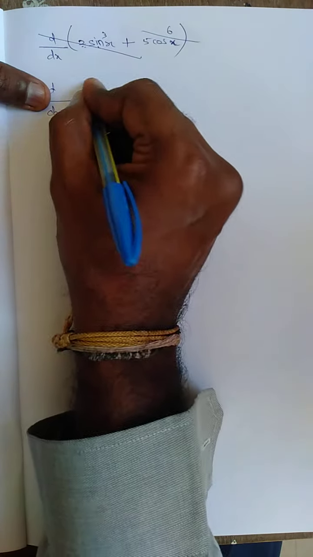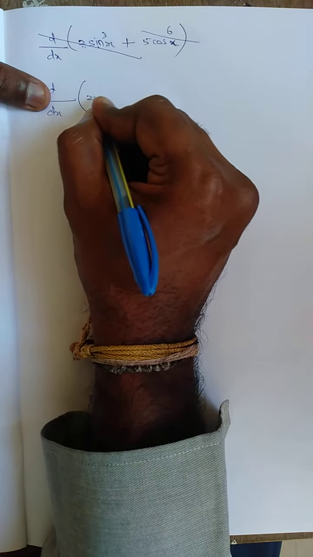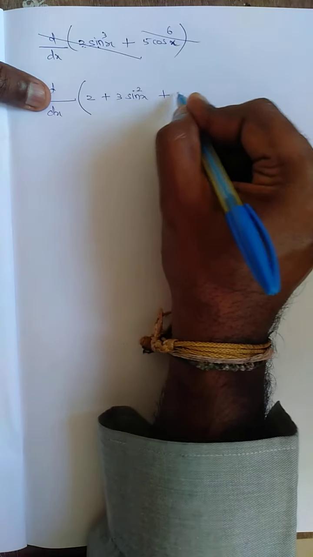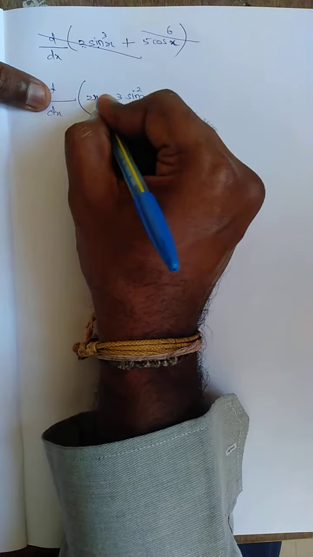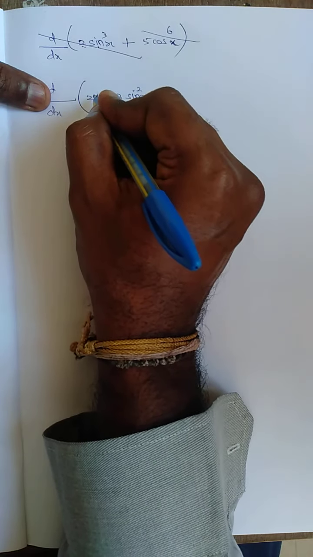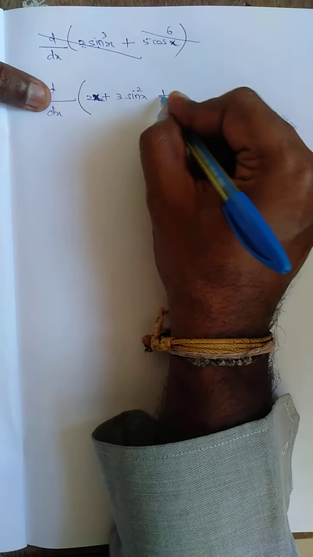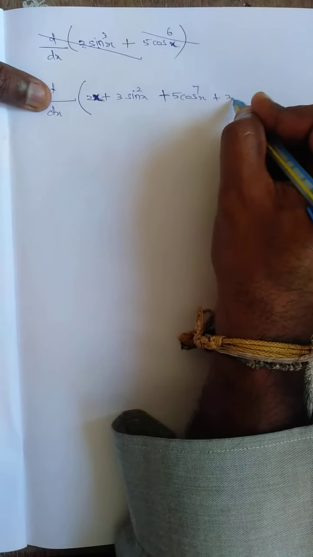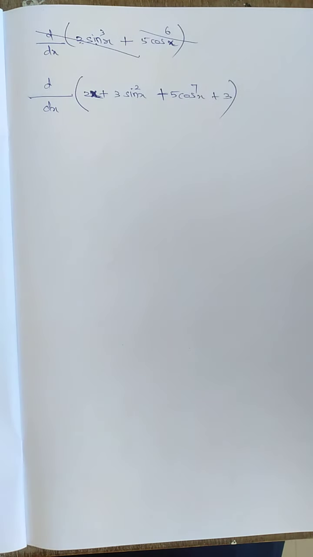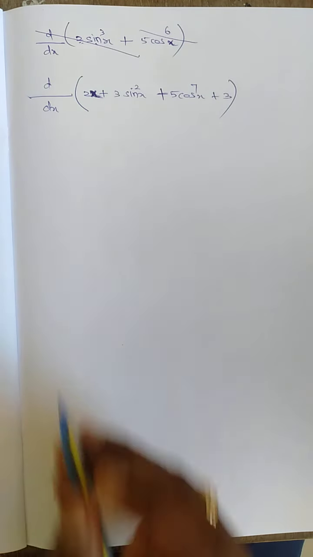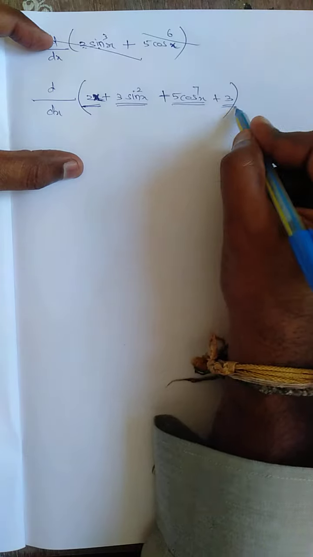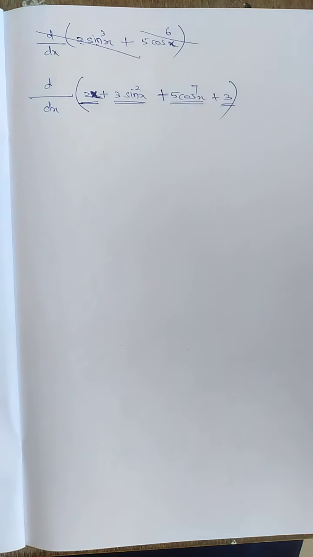I will change this question: d by dx of 2 plus 3 sin square x plus, I will put x also, 2x plus 3 sin square x plus 5 cos power 7x plus 3. I need to differentiate this. This is one term, this is the second term, this is the third term, this is the fourth term. You need to differentiate properly.